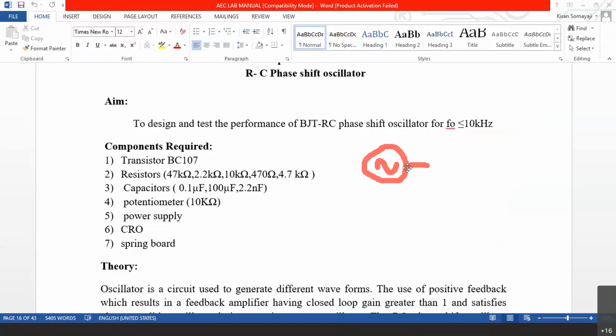It will only have an output signal. For example, in your mobile phone, if you have the oscillator, its output is 2.4 gigahertz. That is the output. Now my question to you once again is that without the input, how can output come in case of an oscillator? Can anybody tell me?